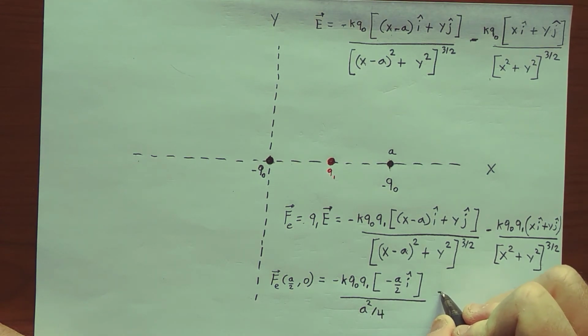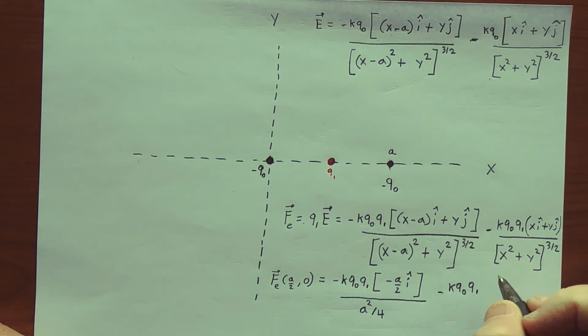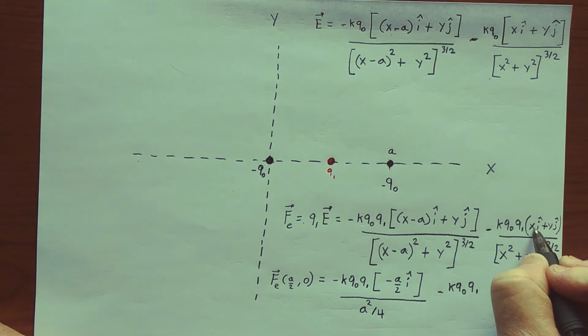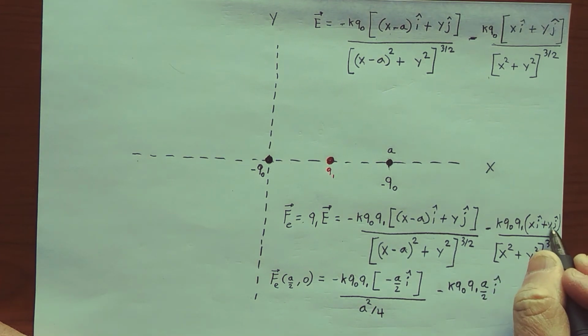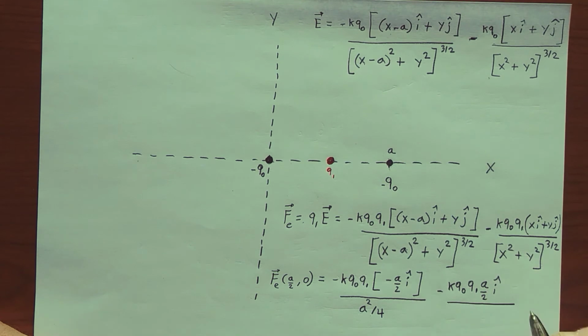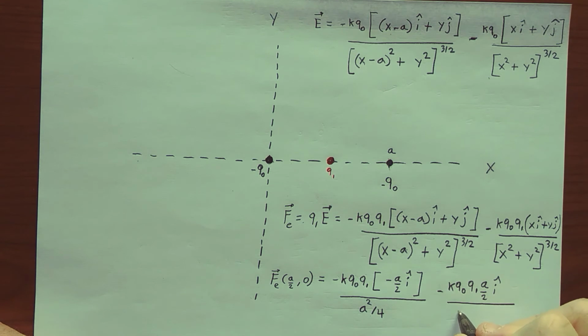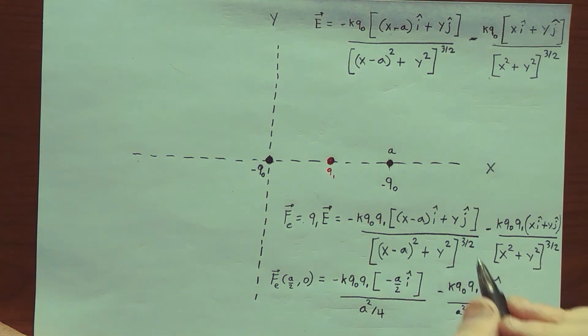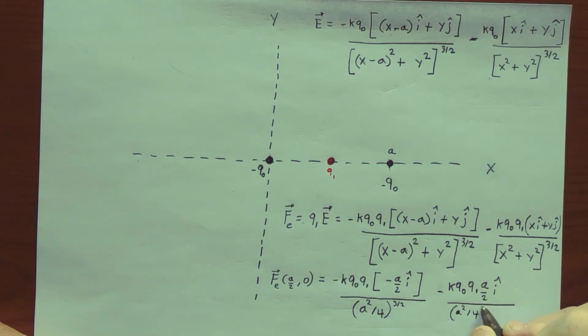And here we have minus K Q naught Q1 times x, which is a over 2, i hat, plus 0 here, divided by a over 2 squared, so that's a squared over 4 plus 0. Oops, sorry, I forgot the 3 halves in both cases. So here we have this to the 3 halves, and here we have the same thing.